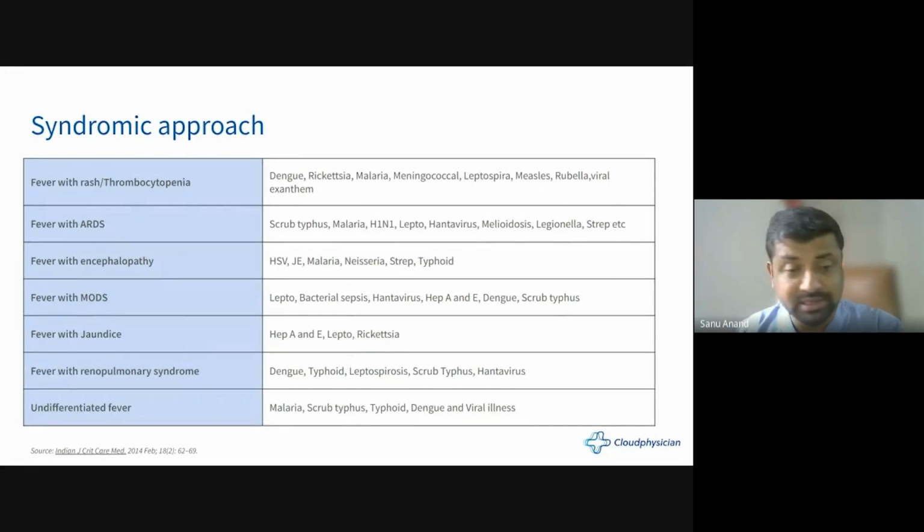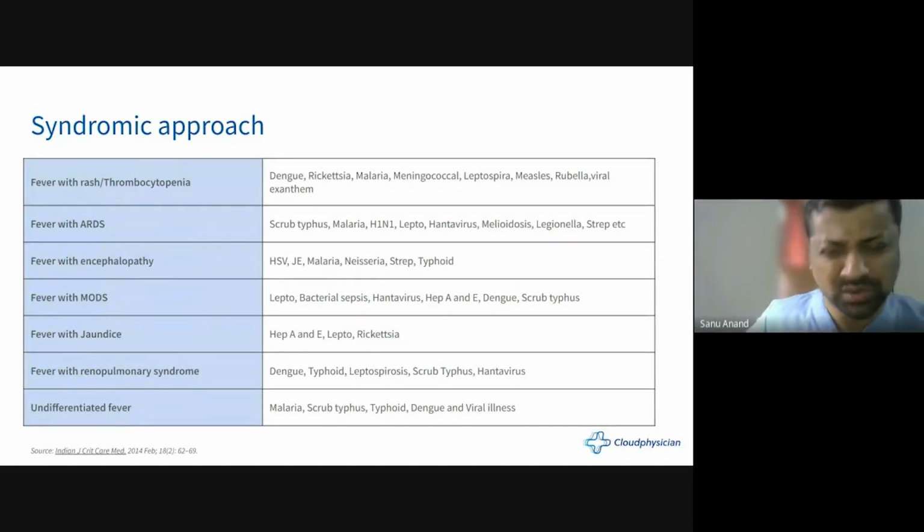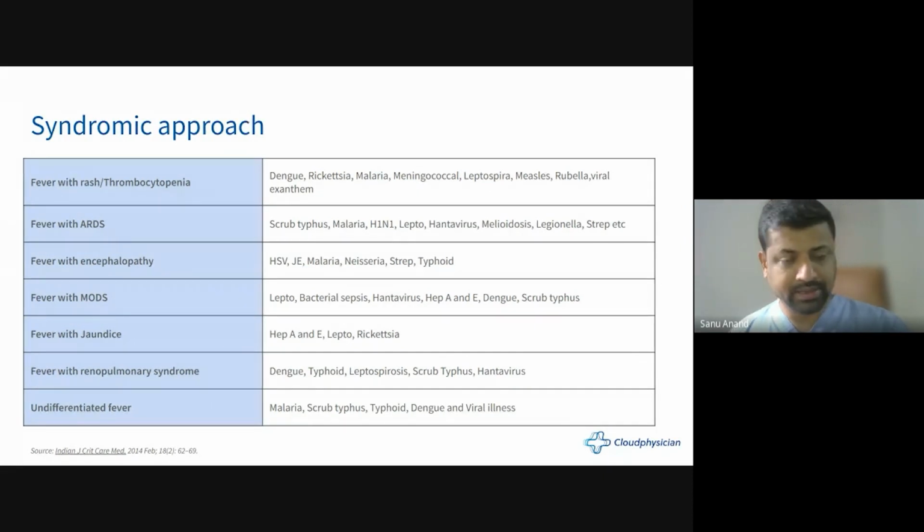So pulmonary syndrome with just acute kidney injury, it's one of those diseases you can just keep in mind. I had seen a few cases back in 2009 or 2010 in Bangalore, and at those times PCR wasn't really available, and it was a little difficult to even get them tested. So that's something which you can remember.